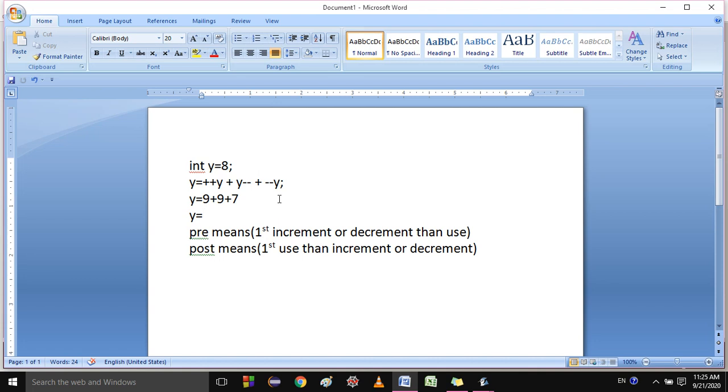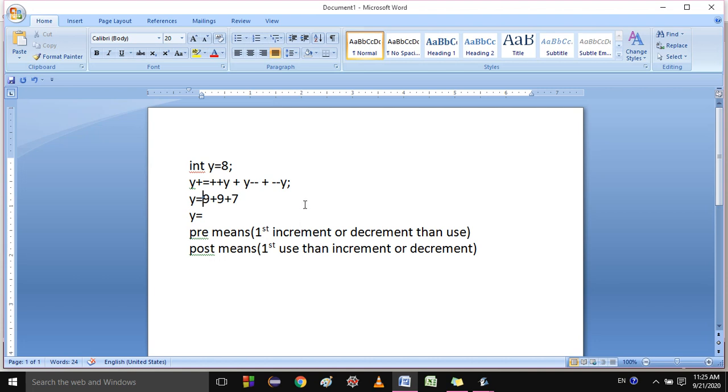I think some points we have left. One more complicated thing: if there is y +=, what is the meaning of this? You know this is compact or shorthand notation.